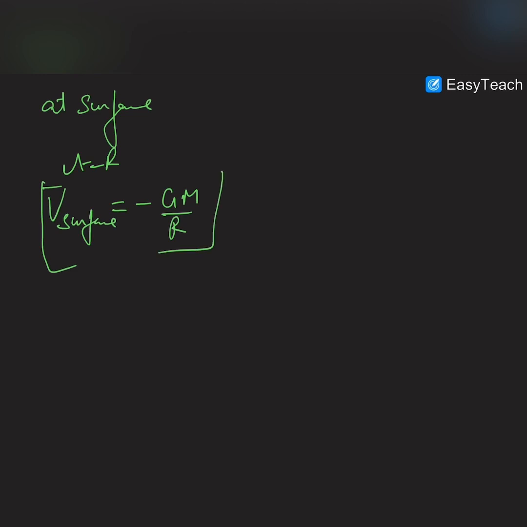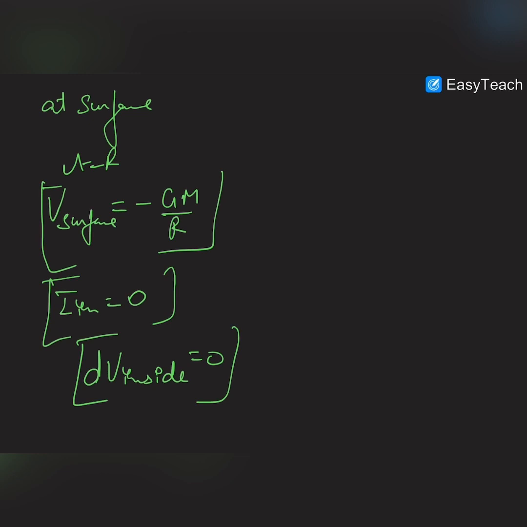Now we know that I inside the sphere is 0, therefore dV inside the sphere will be 0, because dV is equal to minus I dot dr, which means V inside the sphere would be constant, and constant potential means that the potential at all the points inside the sphere would be equal to the last unchanged value, which was the potential at the surface.